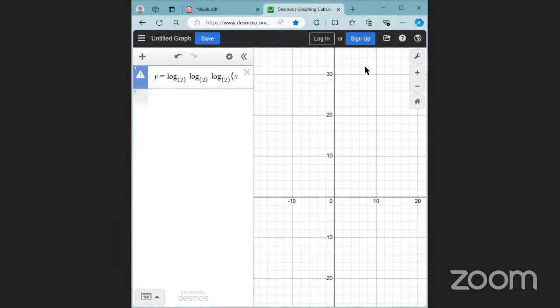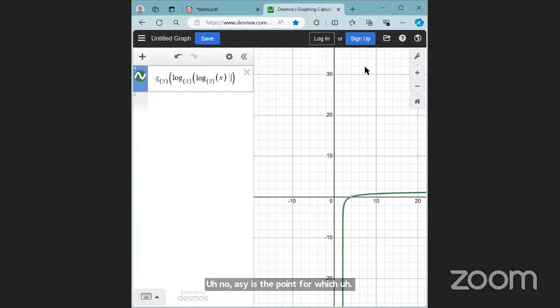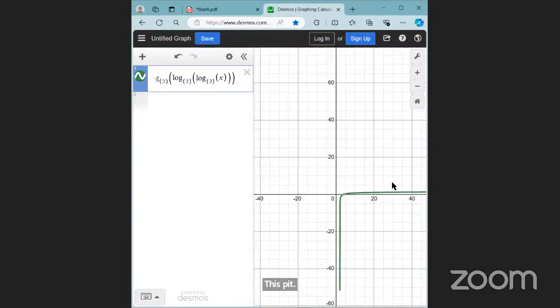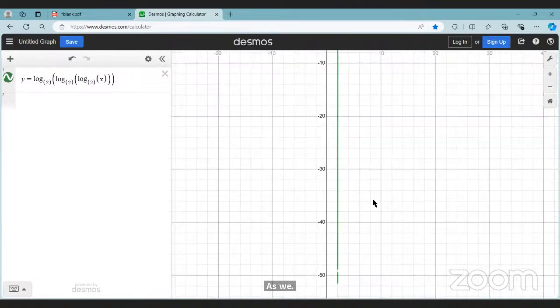Ma'am, asymptote is the point for which y equals 0. No, the asymptote is the line which the graph tends to, getting closer and closer, where x tends to 0. See, in the graph you can observe that the asymptotic behavior is actually the y equals 0 line.